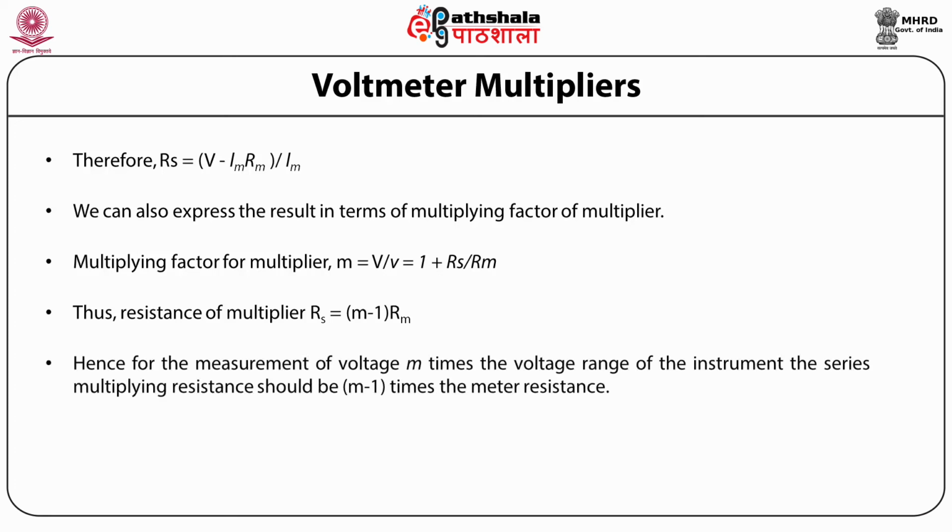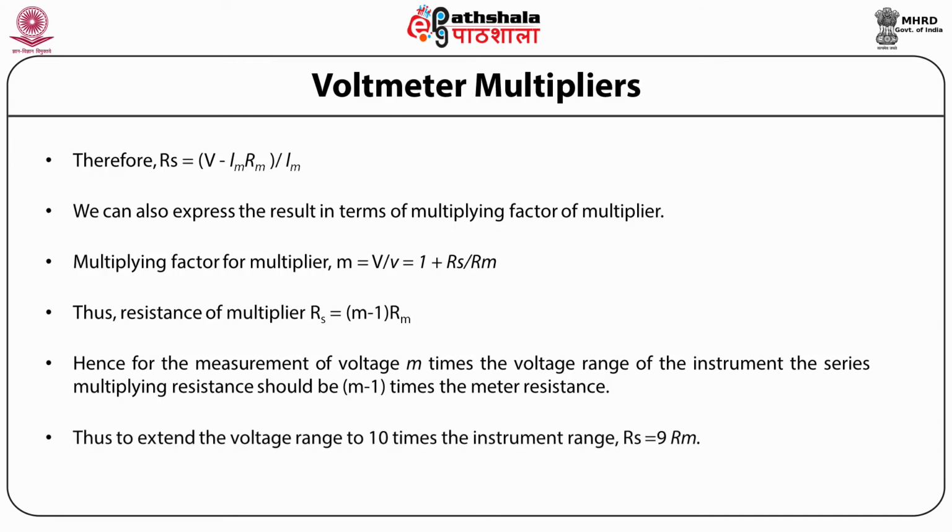Hence, for the measurement of voltage M times the voltage range of the instrument, the series multiplying resistance should be M minus 1 times the meter resistance. Thus, to extend the voltage range to 10 times the instrument range, Rs should be equal to 9 Rm.